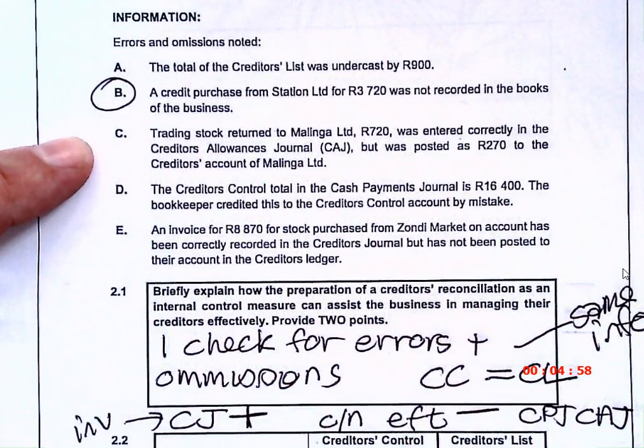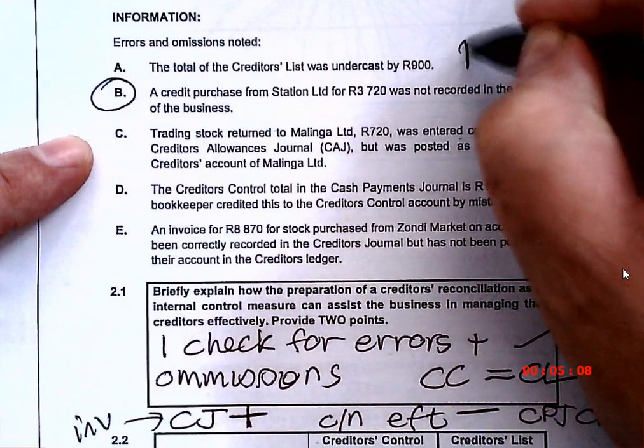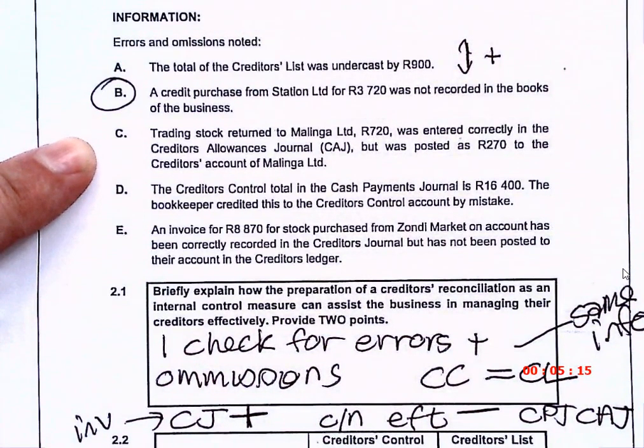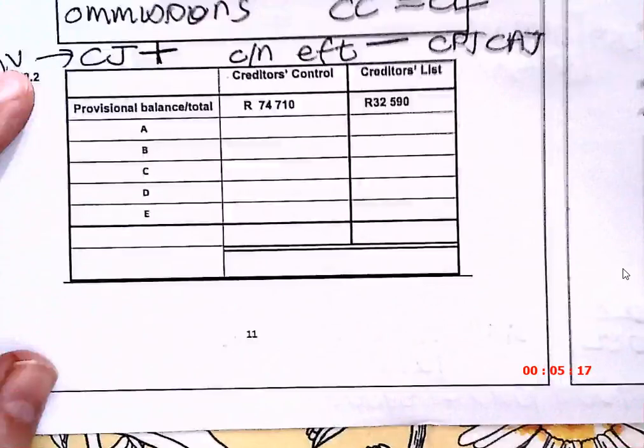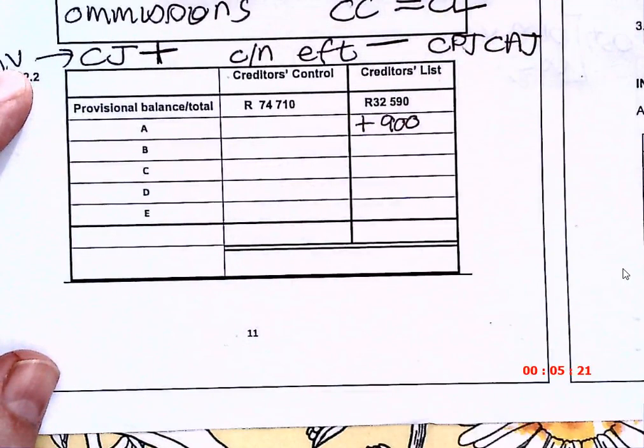So, info A. The total of the creditors list was under cost, meaning I have to do exactly the same. So what is the total? The total is a plus. So if it's under cost, I'm going to plus again, right? So I go to the list and I plus 900. Anybody with a problem? I'm going fast. Okay.